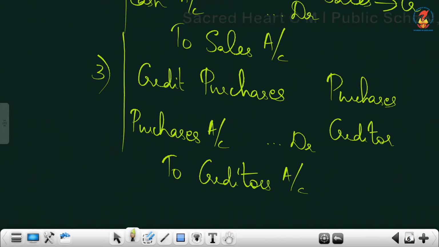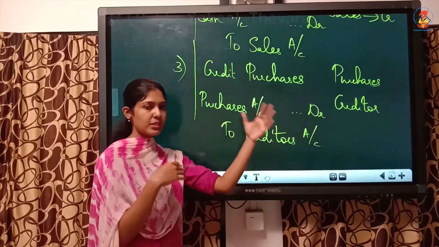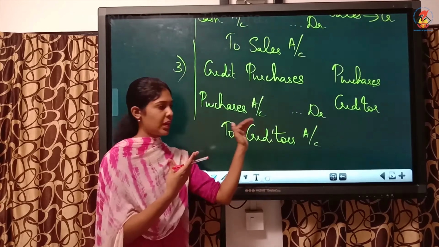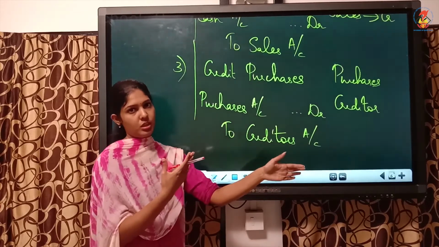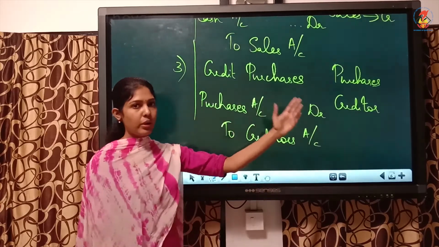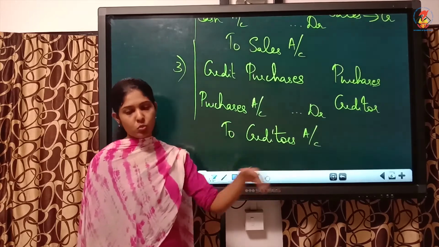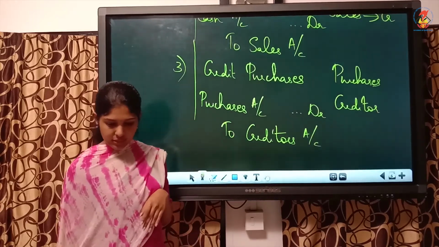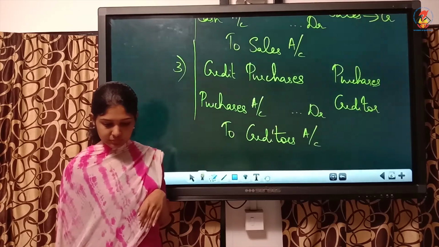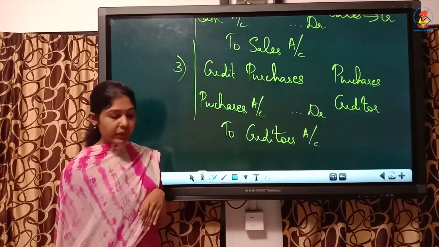So this is the journal entry, that is purchases account debtor to creditors account. In problems they will mention that person's name, the seller's name, so you can write his name like Rahul's account, Ram's account. Clear? So it's purchases account debtor to creditors account. Then the next one is credit sales.